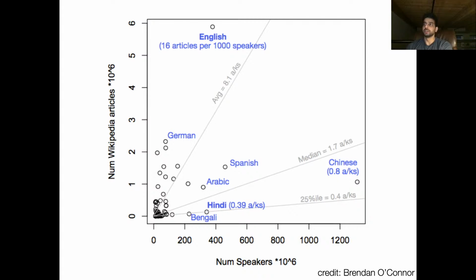So if you're training something on Wikipedia, even if you take the union of all different languages' Wikipedias, which is what the multilingual BERT did, you're not getting the same sort of representation of all languages. And usually you're just way overrepresenting English, which might be to the detriment of other languages.